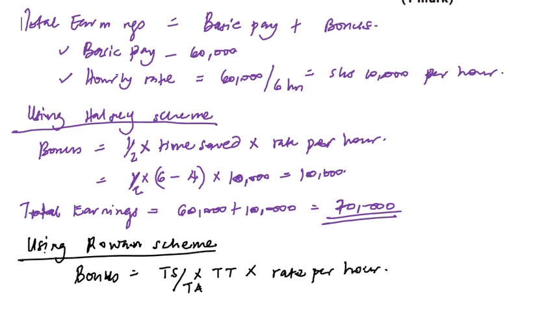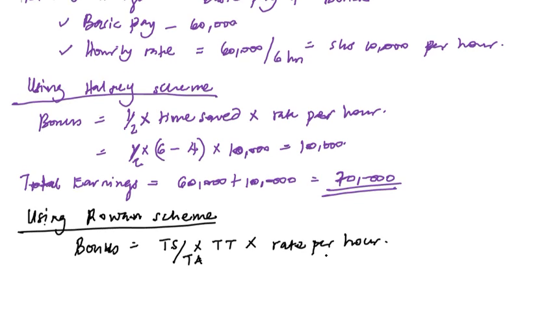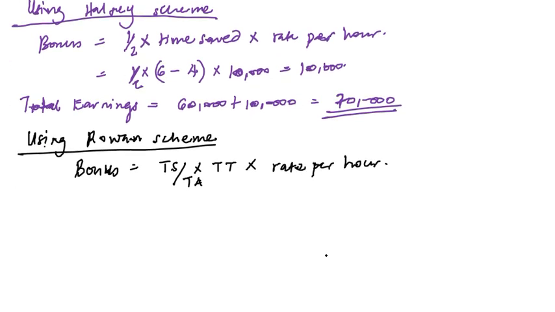So the time saved, we know that this mechanic saved 2 hours, that is the 6 hours, the time allowed, minus the 4 hours taken. So we have 2 hours as our time saved over the time allowed, that is 6, then times the time taken, which is 4, then times the 10,000, which is the rate per hour.